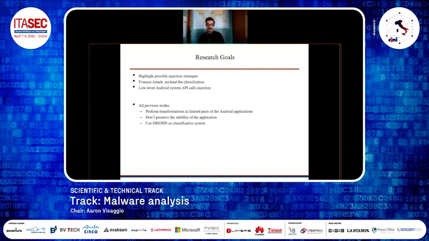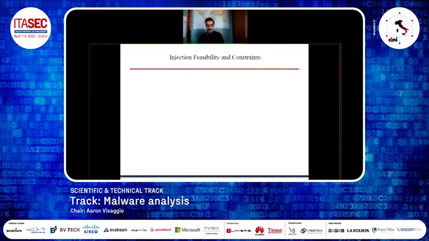And pretty much all of them use Drebin as a classification system. In our proposal, we discussed the constraints and the feasibility to create evasive samples using only Android system API calls. And we developed a basic implementation to create evasive samples. And we evaluate our system using a multi-class classification system.